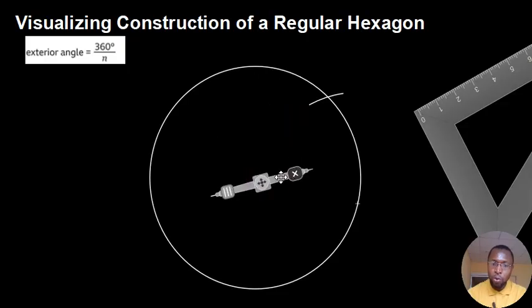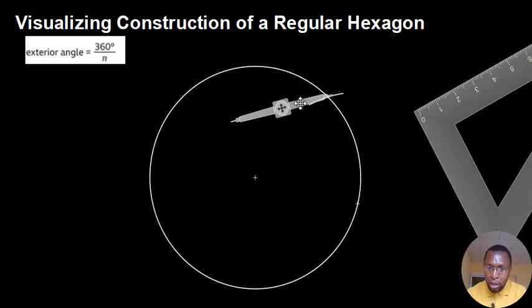Only move it to the new point of intersection with the arc. Move the center there, and then rotate your compass and make another arc on the circumference of the circle this way.